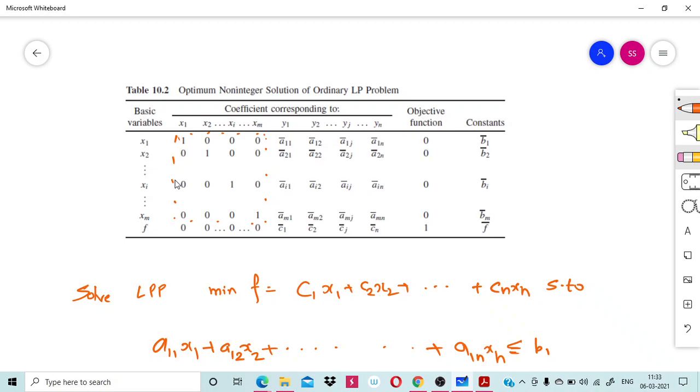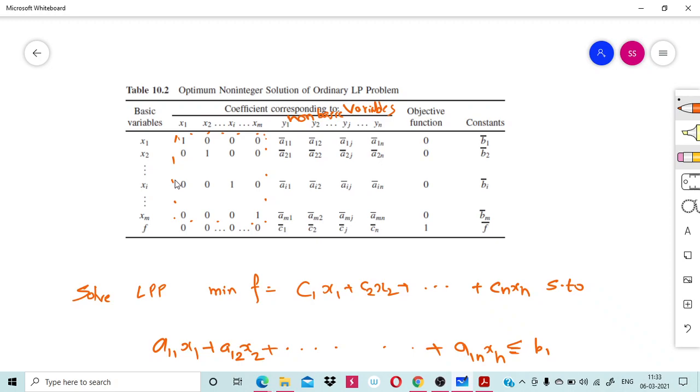And I have the basic variables, and I also have the non-basic variables. I am calling them y1, y2, y3, y4, etc., yj, etc., yn, and their coefficients will be arbitrary.